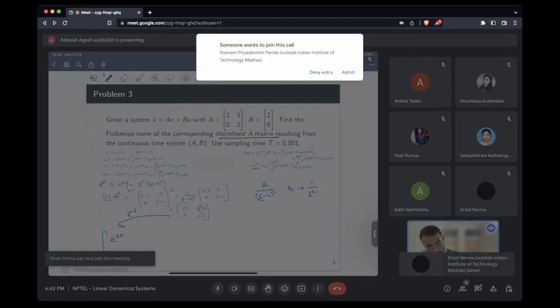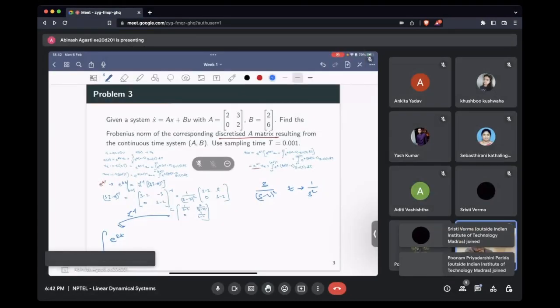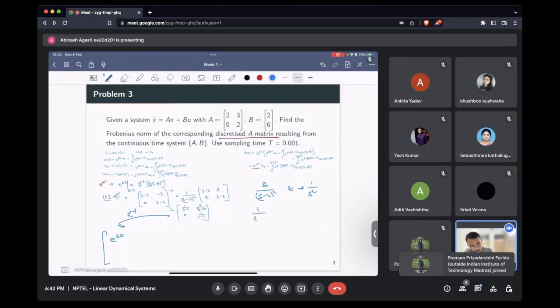So 1 by (s minus 2) is just e to the power 2t, and 3 by (s minus 2) whole square we can write as 3t e to the power 2t, and this is again e to the power 2t, 0, 0. So this is the e to the power At matrix.